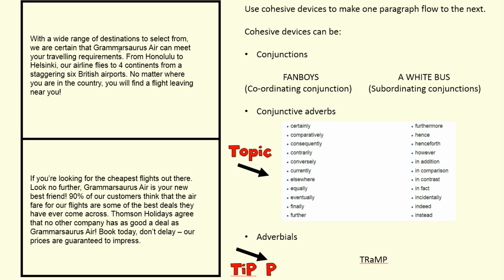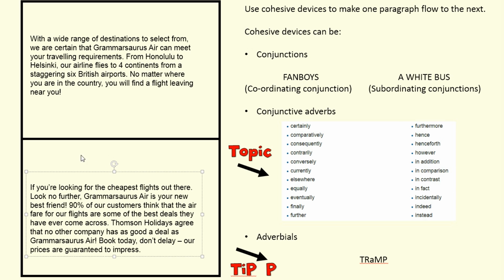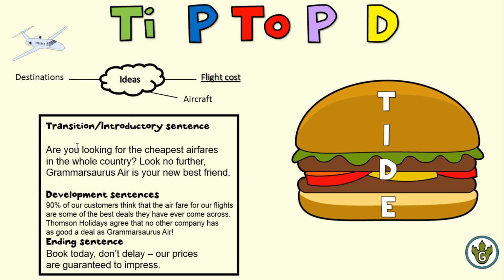And because I'm talking about the brilliant things that Grammarsaurus Air has to offer, I want to use an additional point, because I'm saying this is one great thing we have to offer, this is another great thing we have to offer, so I'm adding on extra points, and because of that I'm going to use in addition.